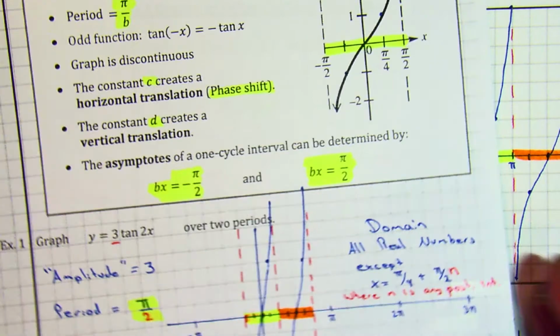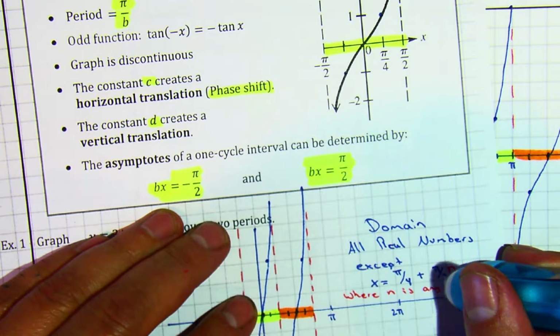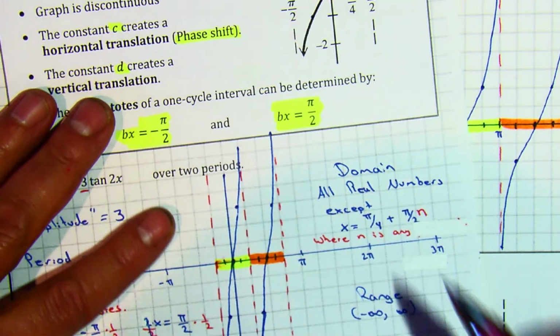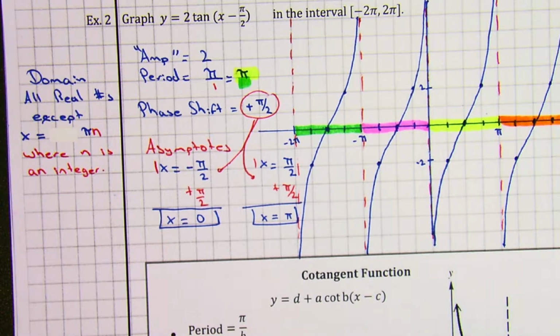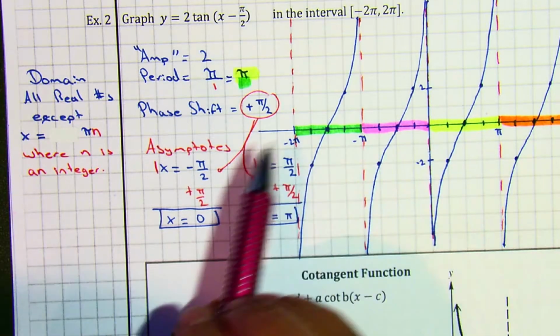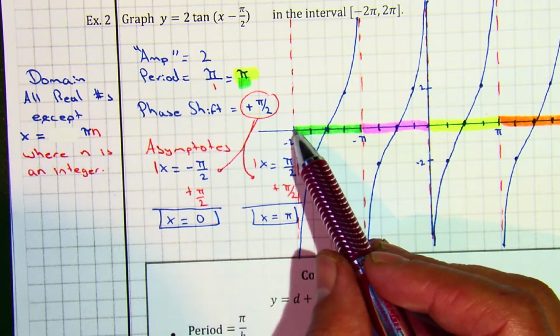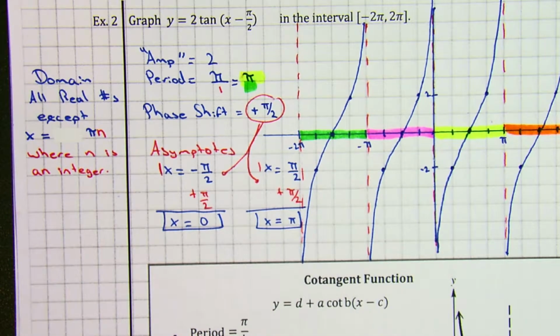So let me just get rid of that: any integer. Because if you plug in a negative, it will give you negative pi, negative 2 pi. And those are the graphs for tangent.